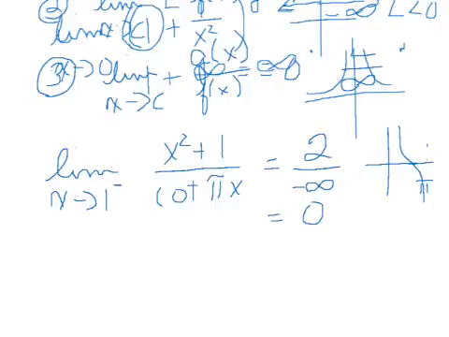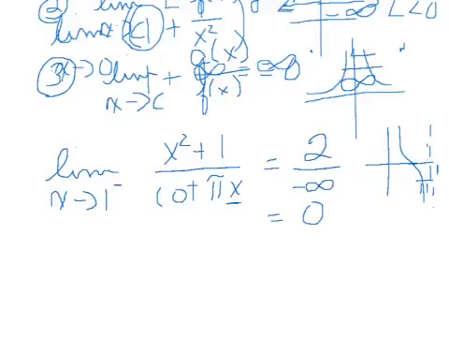All right? Why is it 2 over negative infinity? We have a vertical asymptote when x is 1, because when we plug 1 into the cotangent for x, we get the cotangent of pi, which is 0.